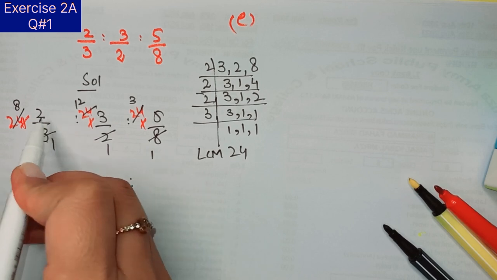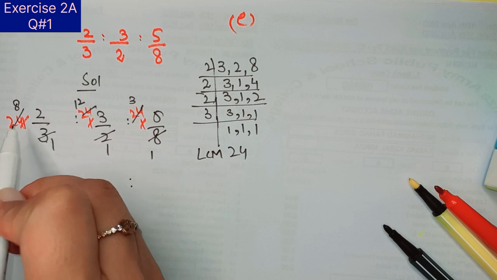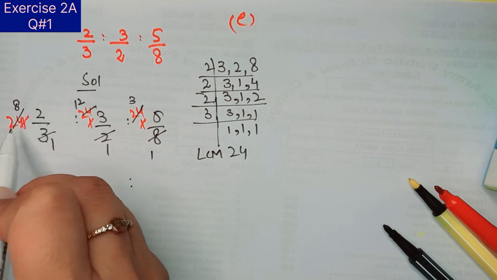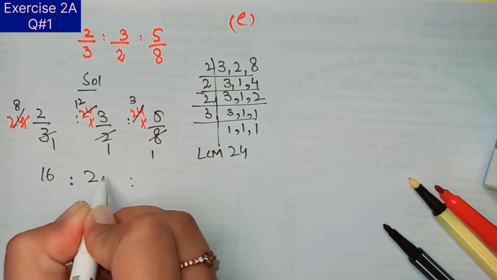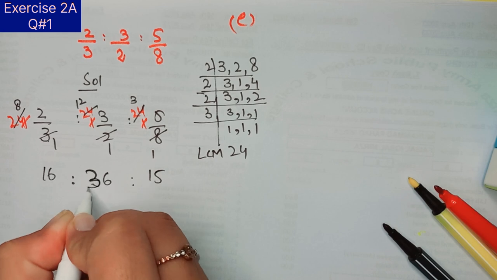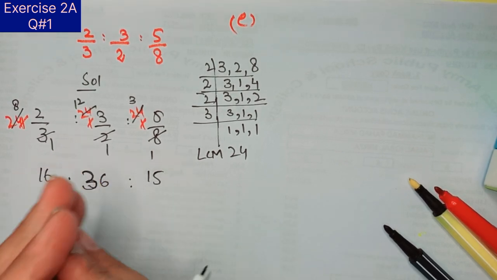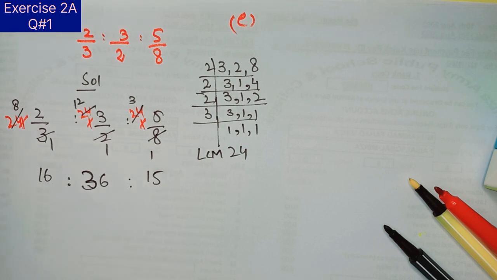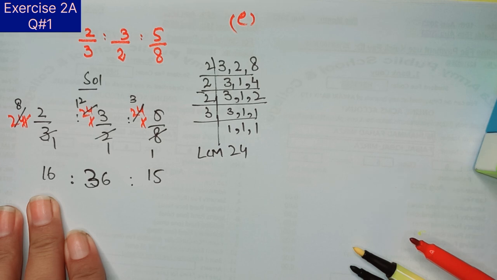So now we have 16, 36, and 15. So we cannot further simplify it. So this is our answer.